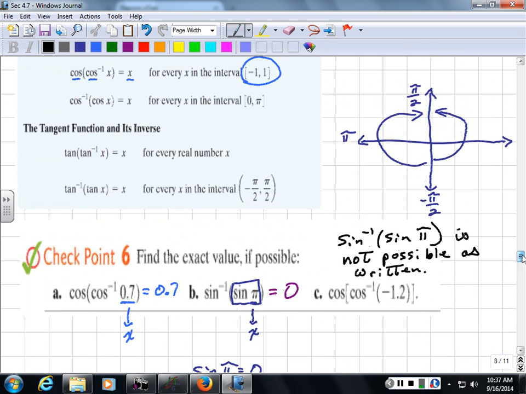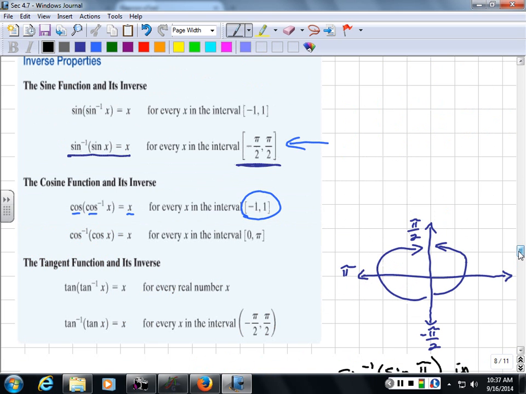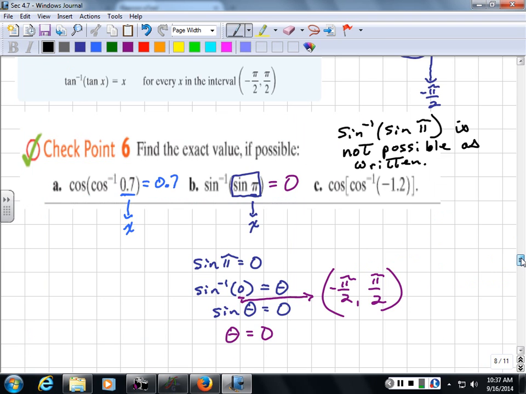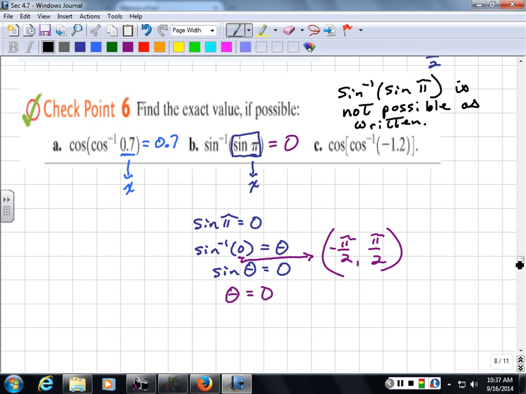Because if I go back up here, does pi fall between negative pi over 2 and pi over 2? No, it doesn't. And I guarantee on the test, when you have to find the exact value and you're not using a calculator for those, somebody's going to write pi because they don't know everything they need to know about this. Does that make sense? Okay.